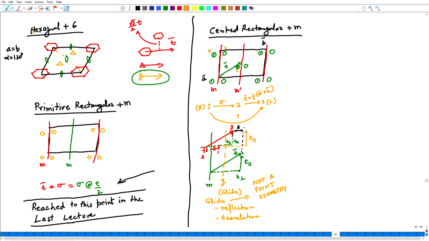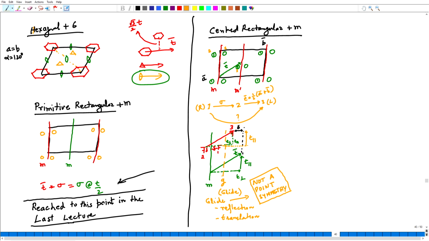If you recall, a point symmetry will at least have one invariant point, but whenever there is translation, there are no invariant points. So, a glide operation cannot exist in point groups, it will always exist in plane groups or space groups.